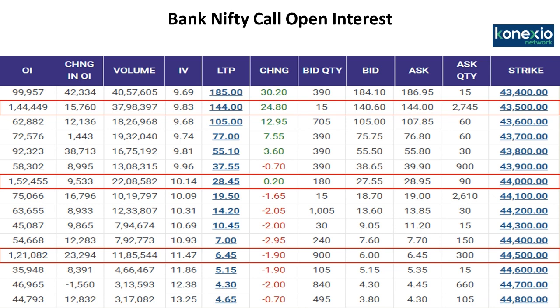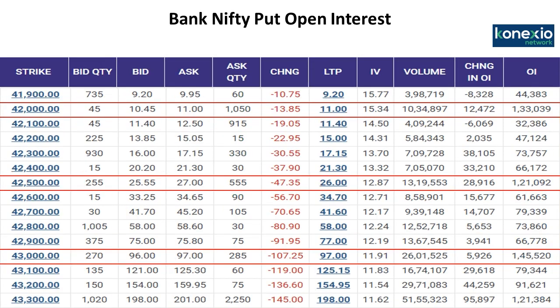Now, friends, let us discuss the Bank Nifty put data. In Bank Nifty puts, the action was seen in 43,000 puts, then 42,500 puts, then 42,000 puts. Now, here the most important thing is that you can see a significant drop in option premium. The implied volatility is still high.